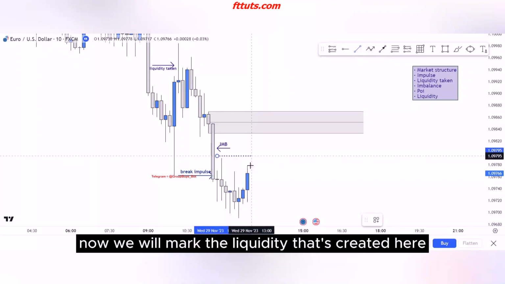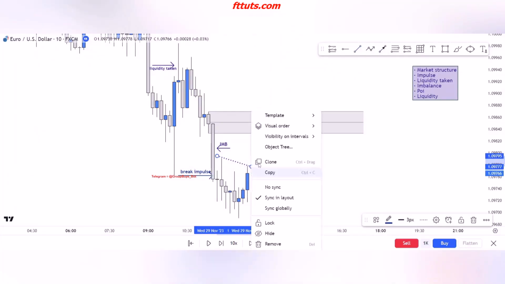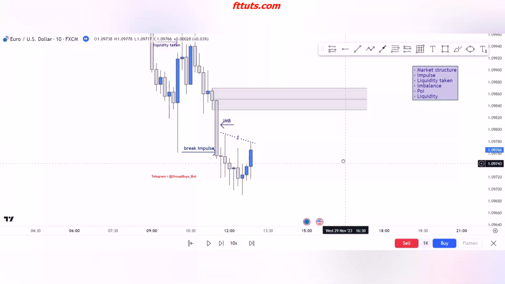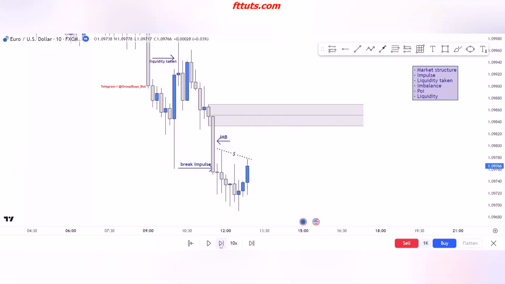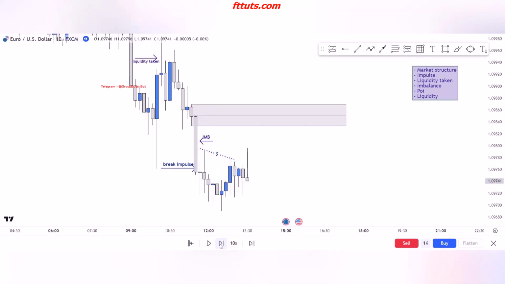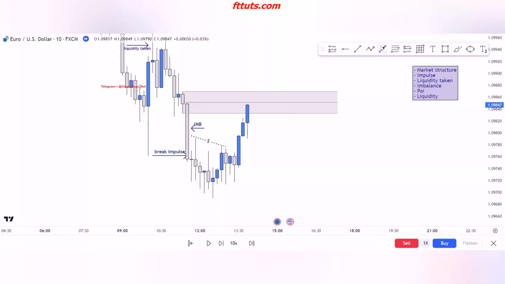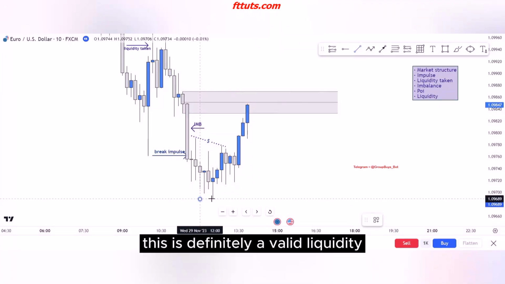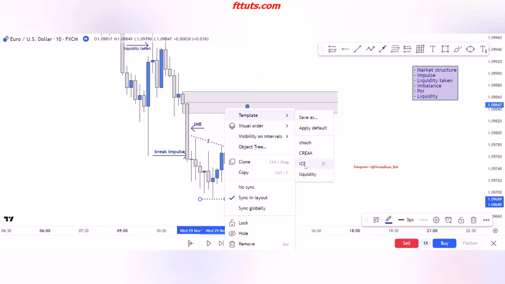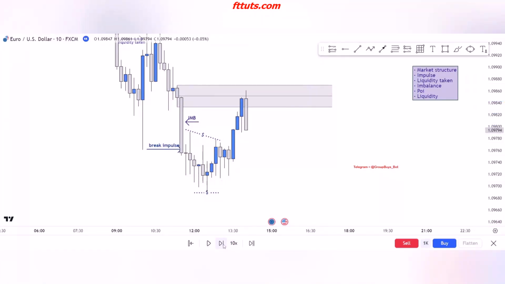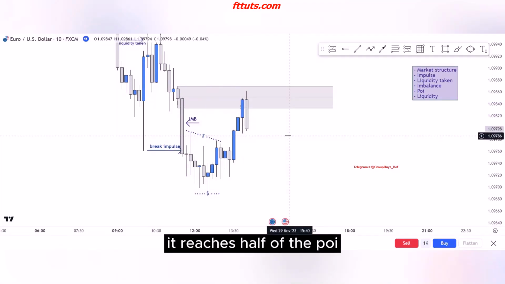Now we will mark the liquidity that's created here. This is definitely a valid liquidity. It reaches half of the POI.